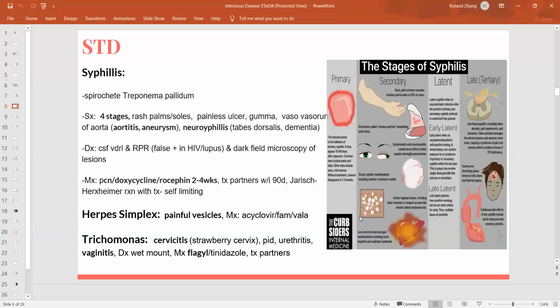Trichomonas will cause PID and vaginitis, and the way you diagnose is a wet mount, and you can actually see the trichomonal protozoa. I actually saw it once on a wet mount. You can see the flagella as well. But you treat this mostly with Flagyl, and you also treat the sexual partner as well.